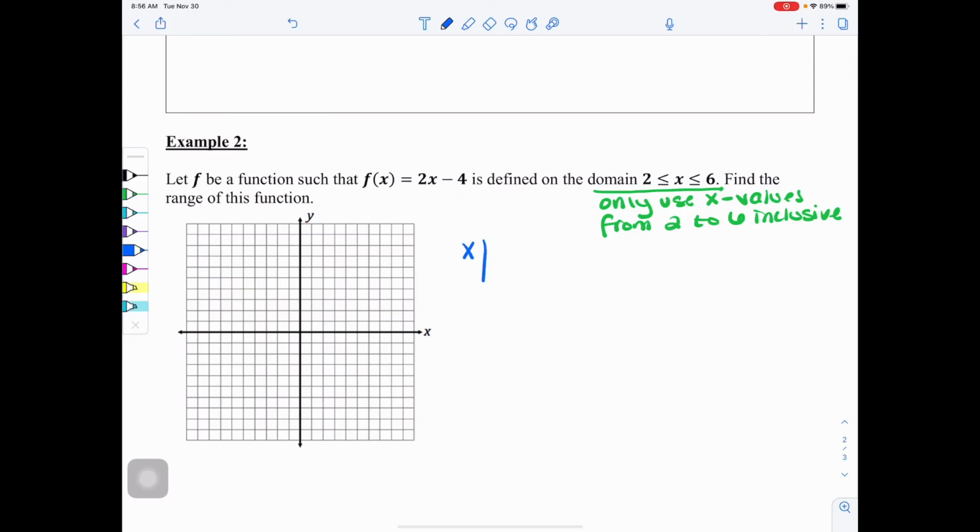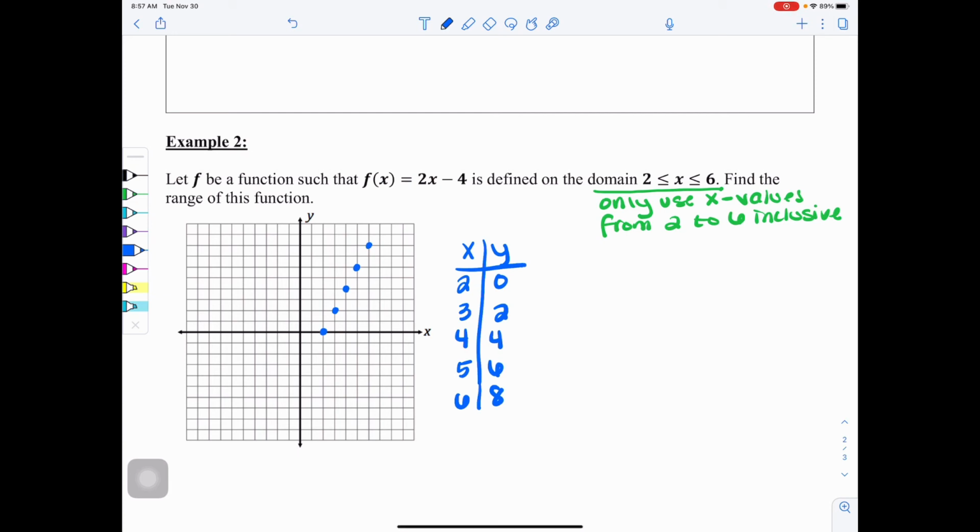So we know we have x and y. We are specifically using the values 2 to 6 inclusive, so 2, 3, 4, 5, and 6. And using our graphing calculator, we see that the y values are 0, 2, 4, 6, and 8. So we are going to graph it on that defined domain. (2, 0) is here, (3, 2), (4, 4), (5, 6), and (6, 8).